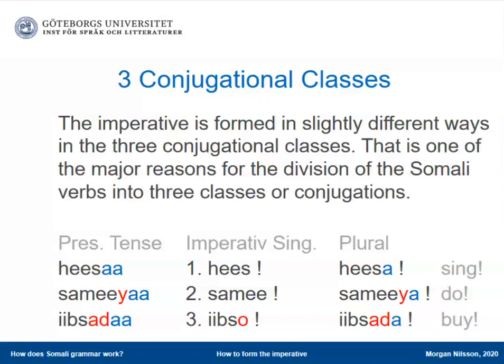So we could also say three inflectional classes. So Somali verbs are traditionally divided into three classes or groups, and one of the major reasons for dividing them is actually the imperative, because the imperative differs between these three classes.